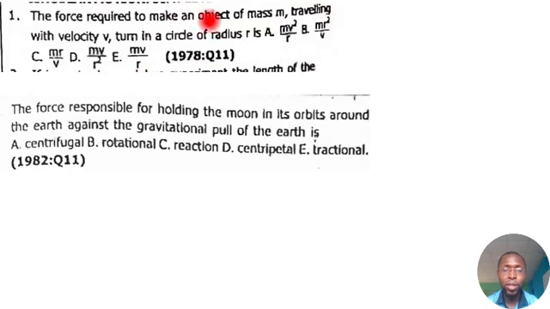So of course, this is describing a centripetal force. It is the force that makes an object turn in a circle, and the formula for it is mv squared over r.